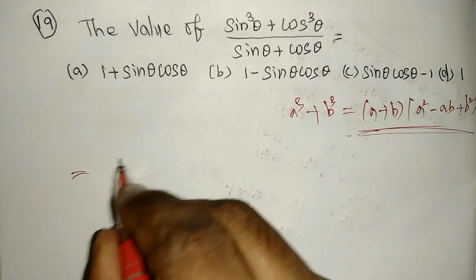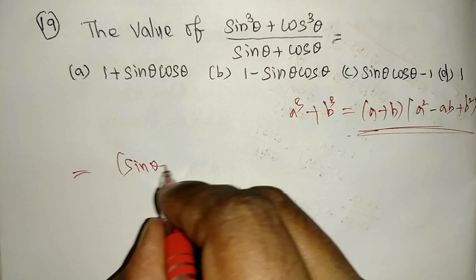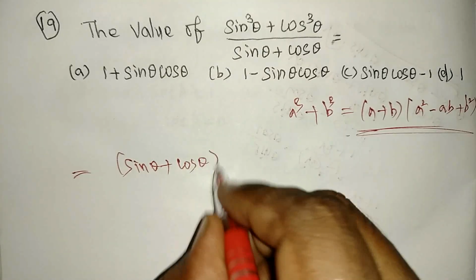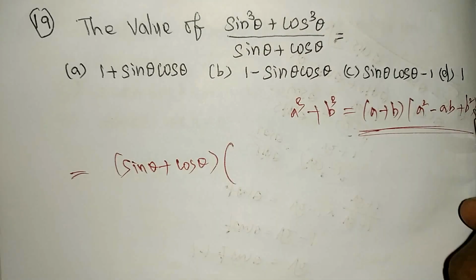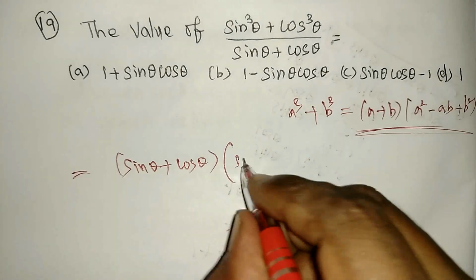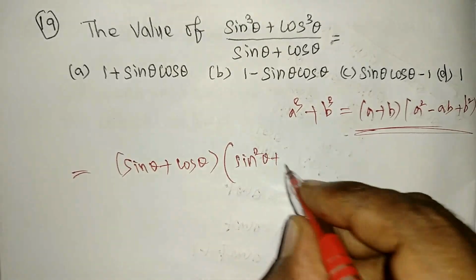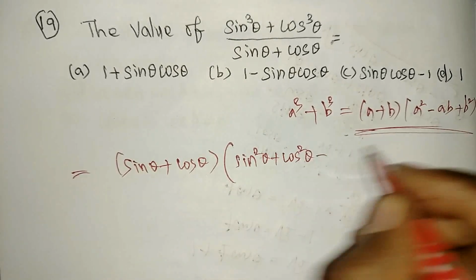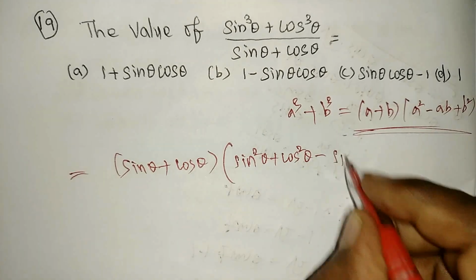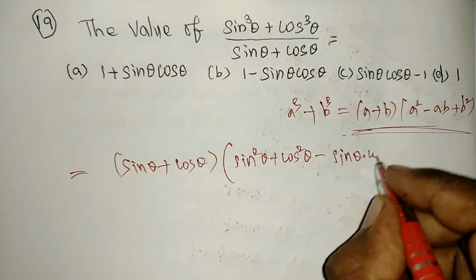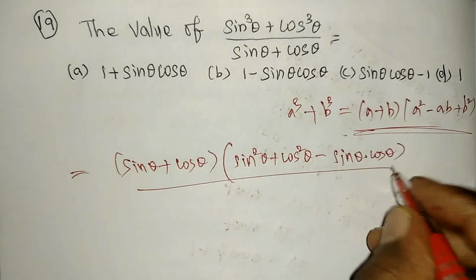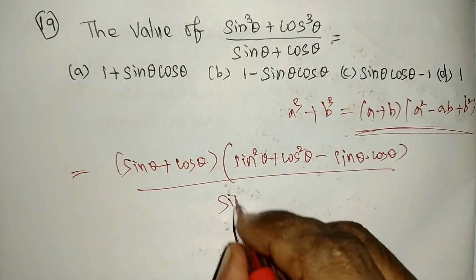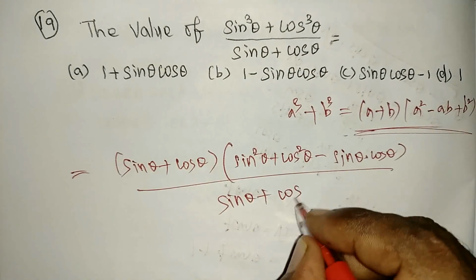See the numerator now. So we will write sin theta plus cos theta into a square plus b square. I will write this together. Because sin square plus cos square we know is 1, and minus ab means sin theta into cos theta, whole divided by sin theta plus cos theta.